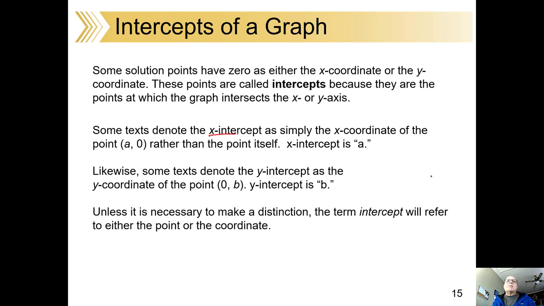The x-intercept means where your function crosses the x-axis. The y-intercept represents where it crosses the y-axis. Sometimes we'll represent the intercepts by an ordered pair, sometimes just by the number itself. It should be self-explanatory when you're talking about them.